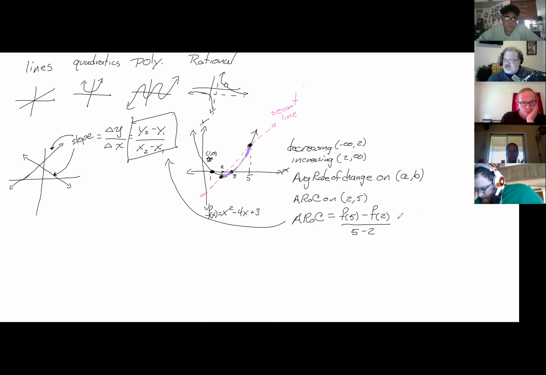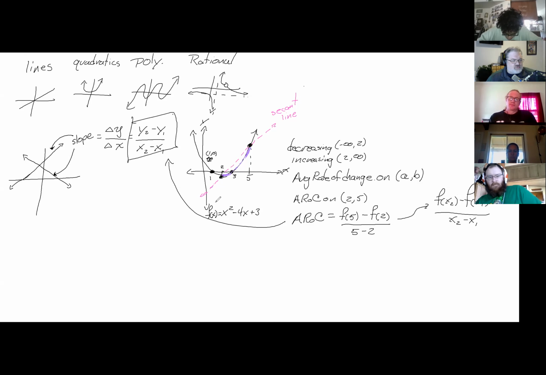It's just in function notation instead. F of x2 minus f of x1, that's our change in y, over x2 minus x1, that's our change in x. This is still change in y over change in x. It's just slope. It's just in function notation because we need to get the y values from our function.